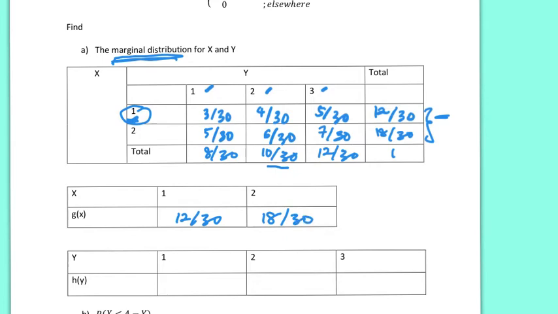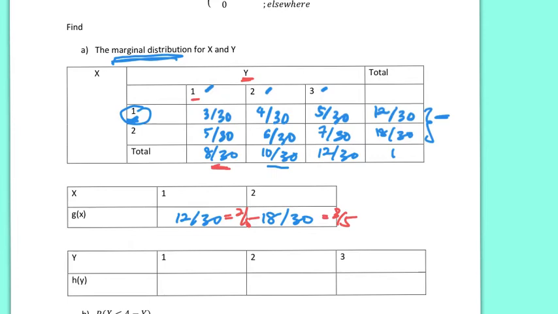If you simplify, this would be 2 over 5, and this would be 3 over 5.